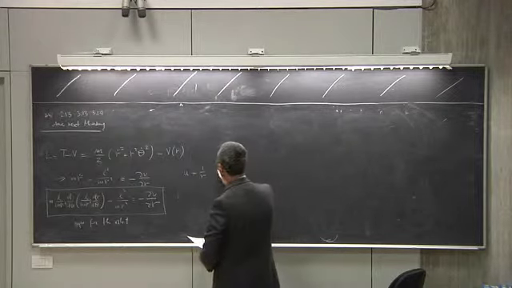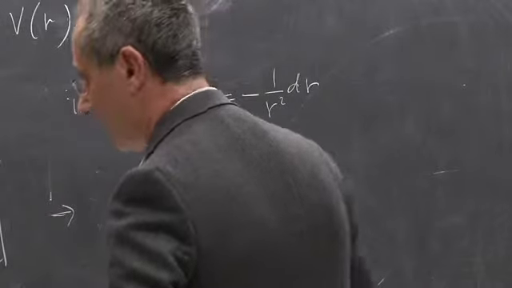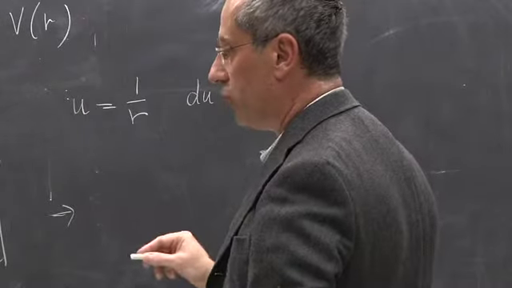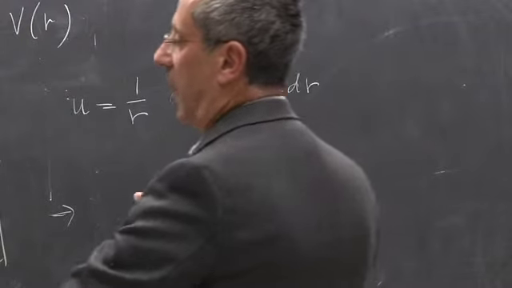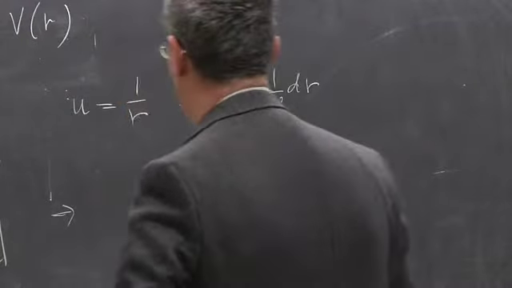And then you should only be careful that du is minus 1 over r square dr. And if you do that, the equation simplifies, because you have to replace everywhere 1 over r with u, and also dr is replaced by du.